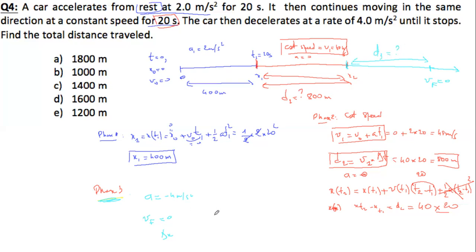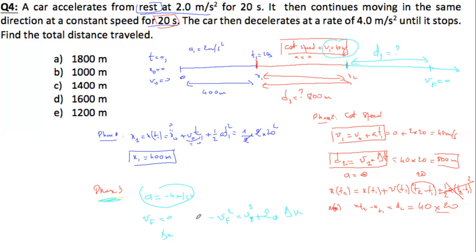Okay, good. I know the acceleration. I know the V final. I know the V initial. V initial is 40. I'll use this formula where I don't need the time. I'll say V final squared is equal to V initial squared, which is V1 here, plus 2 times acceleration times delta x.